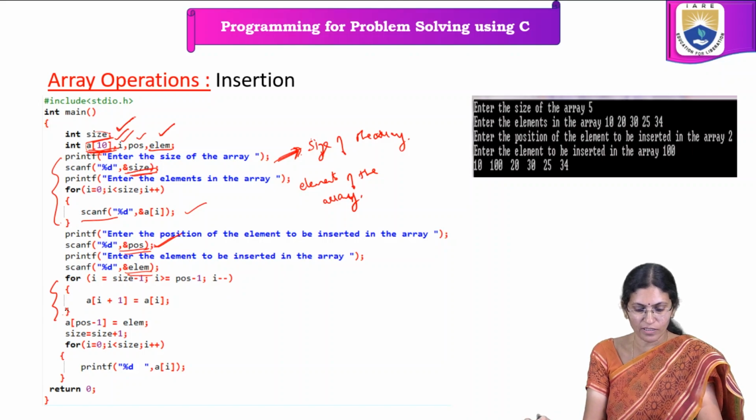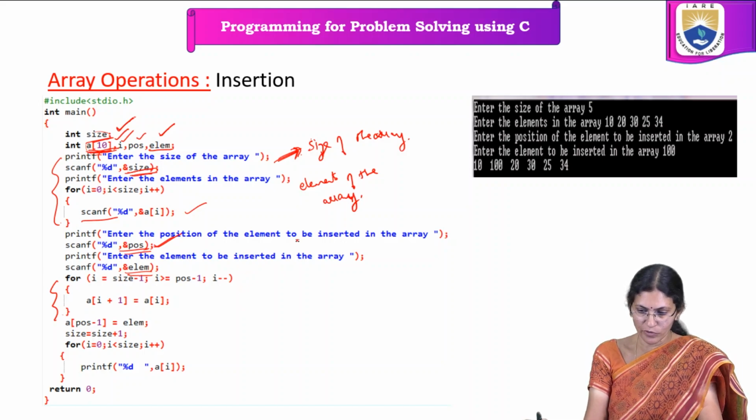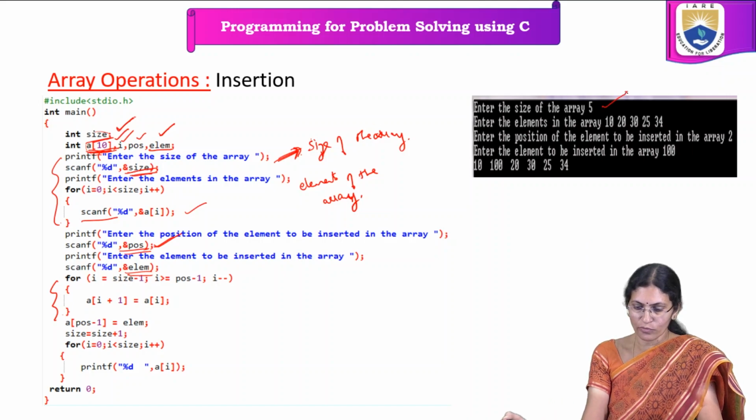Now this is the loop which has been written to insert an element at a particular position. Suppose when we run the program, this is the first line which is executed: enter the size of the array. 5 is entered.